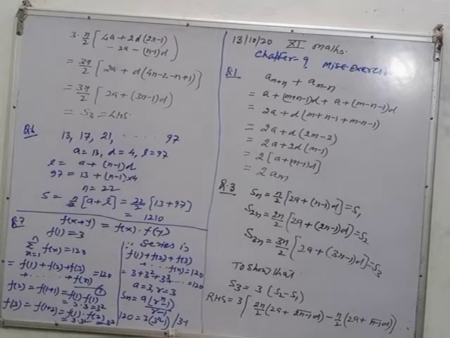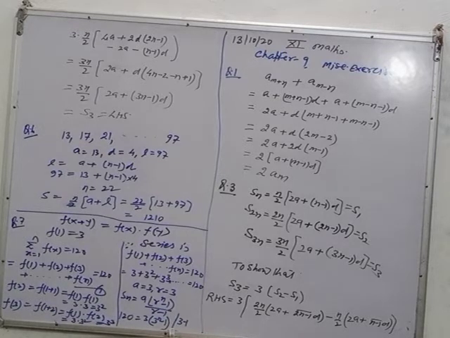Okay. So now see question number 1 of the miscellaneous exercise. What is the question? The sum of the m plus nth term and the m minus nth term is equal to 2 times the mth term. So for the m plus nth term, by the formula, the term is a plus n minus 1 into d, with m plus n in place of n, plus the m minus nth term, same formula, a plus m minus n minus 1 into d.